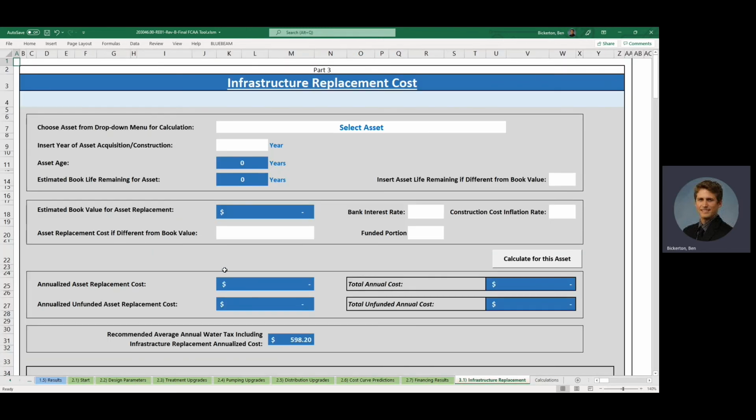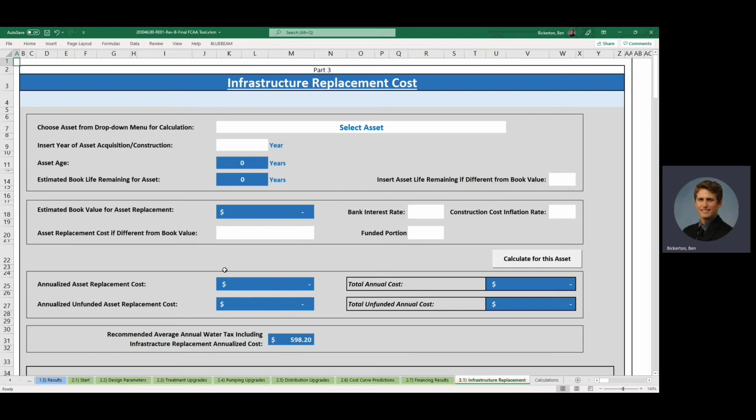Part 3 of the tool is added to allow the user to consider infrastructure replacement costs. This is a little bit different from new capital project or proposed upgrade costs, in that there are many existing assets in the water supply system that may need to be replaced in future years.